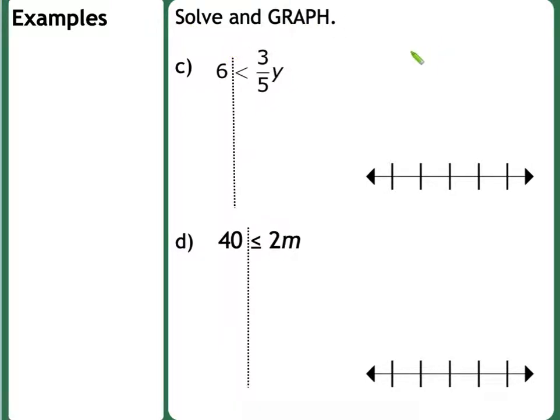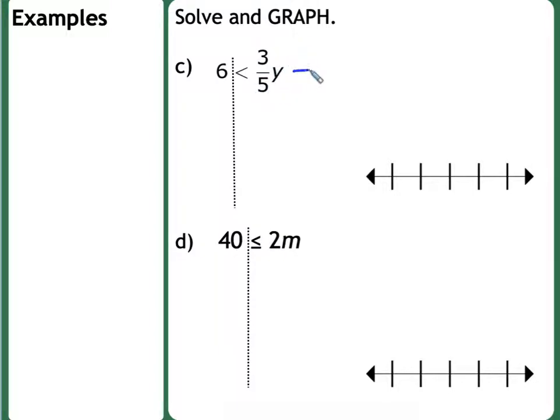So in this one, we have a fraction here, and the way to think of this fraction is that we are taking y, we're dividing it by 5, and we're multiplying it by 3. So we need to do the inverse of that. So let's take care of this dividing by 5 first. So how do we undo dividing by 5?